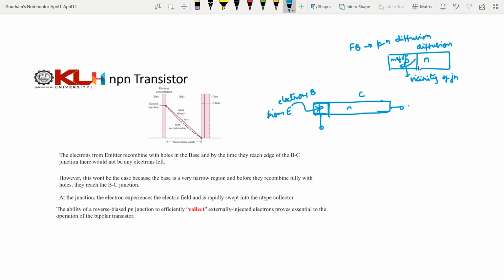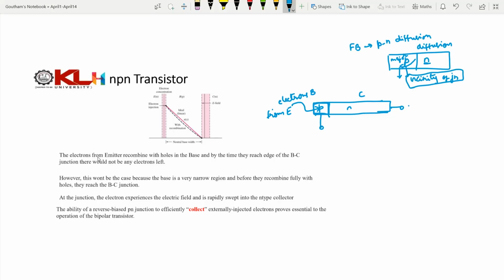Why? Because all these minority carriers that have been injected from the other type recombine, because there are majority of holes over here. We know that the current flow due to these electrons that have crossed over into the p region is predominant at the vicinity of the junction. We have discussed that in detail in our first session.